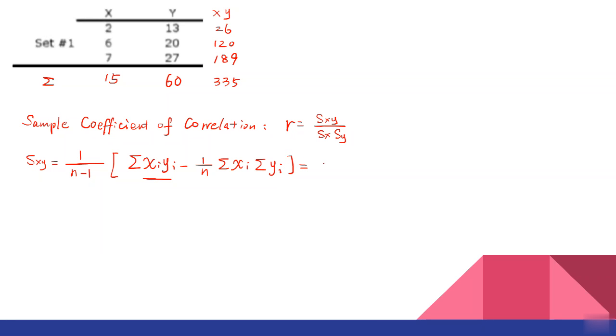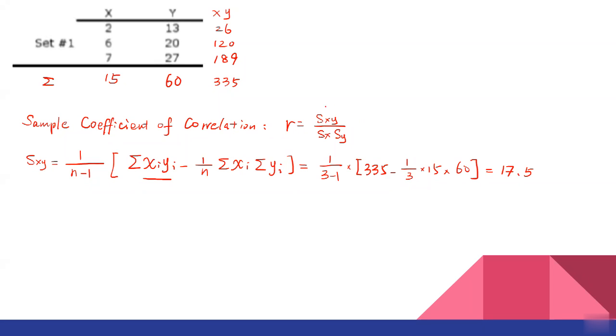And this gives you the value of SXY, which is 1 over 3 minus 1 times 335 minus 1 over 3 times 15 times 60, right? You have all the numbers here, and the result here is 17.5, which we have already got in our previous example.